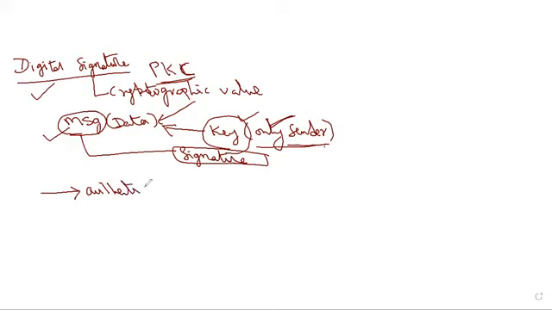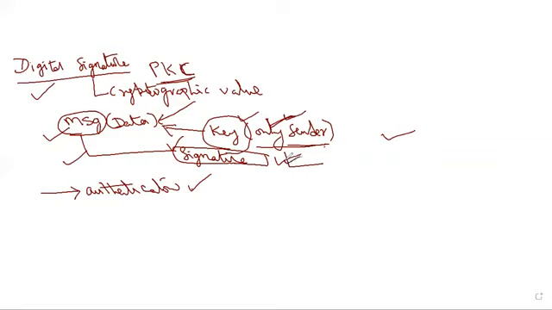I told you already, the sender generates the signature by using his own private key. So the sender is using the private key at the sender side. Then those authorized details are verified at the receiver side using this signature, right? The receiver generates the signature using the same procedure used by the sender.